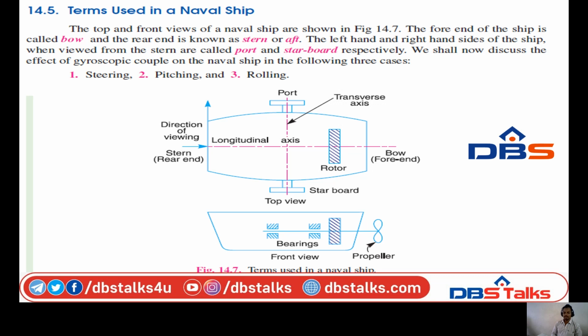So while taking the left turn and right turn, we have to identify it when viewing from the stern. Stern is the rear end. So when viewing from the stern, the left hand side is known as port and the right hand side is known as starboard. These are the terminology we have to remember for the derivation or solving the problems.